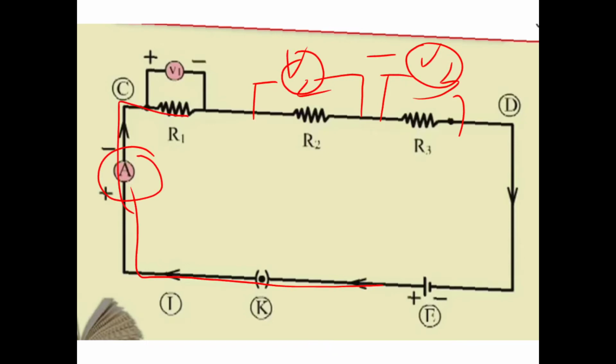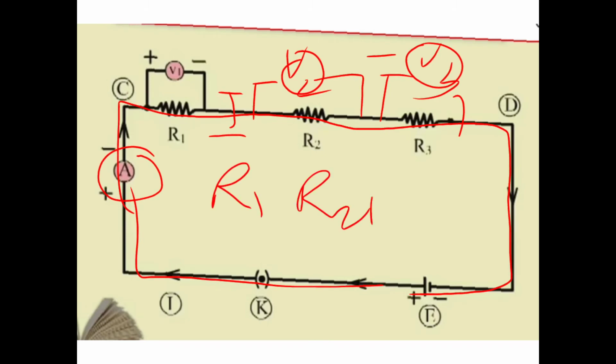Now the same current will pass through R1, it will pass through R2 also, and the same current will pass through R3 and come back to the negative side. So what I am indicating is that the same I is passing through R1, R2 and R3, all the three. Now your question comes, children, why has the teacher taken R1, R2, R3?